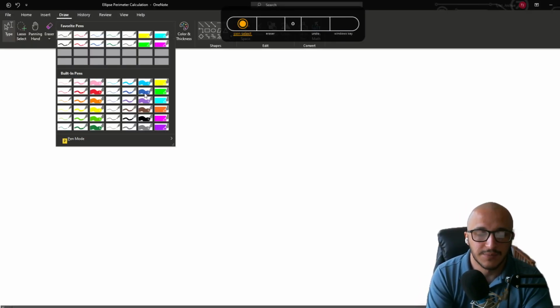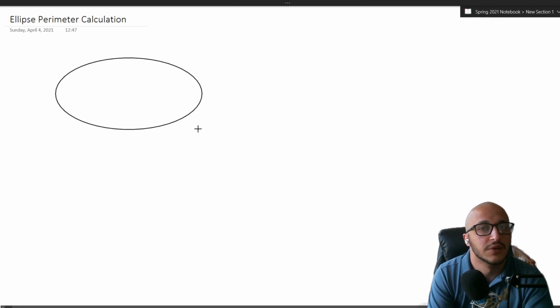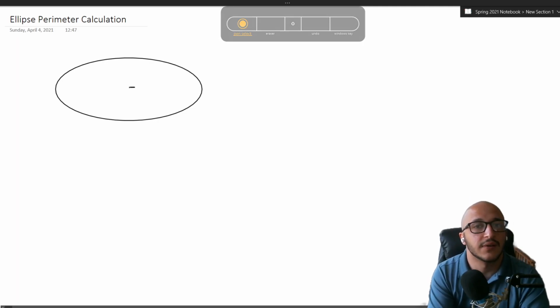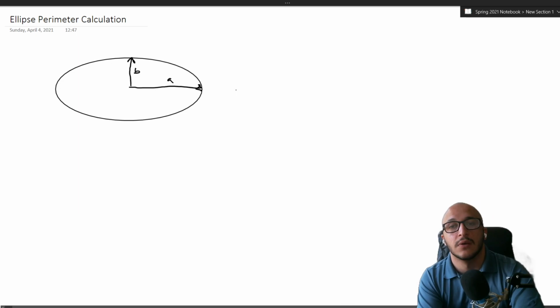So first of all, an ellipse is a generalization of a circle. Circles are ellipses, but not all ellipses are circles, where you have some x distance a and some y distance b.